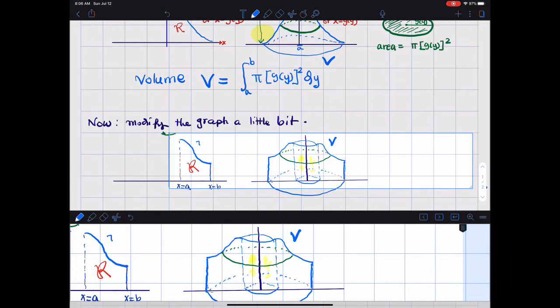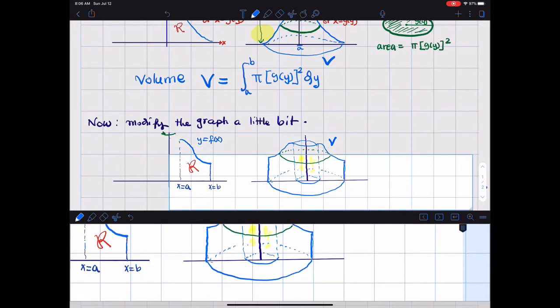We're just going to call this function x is equal to g of y. Well, let's not worry about it. Let's call it y is equal to f of x. So this green part of the graph is formed by the function y equals f of x and the line x equals a.